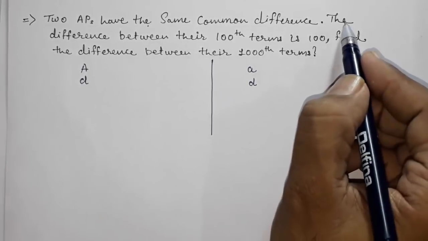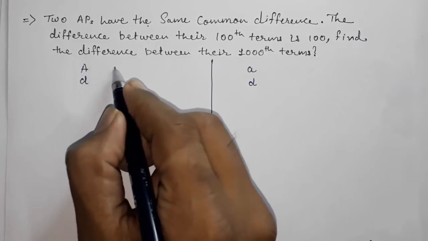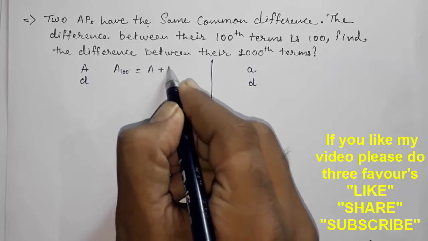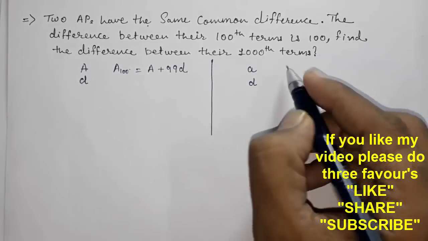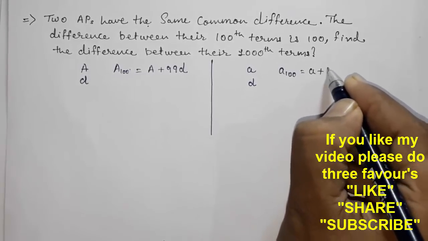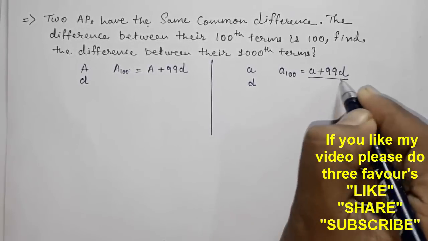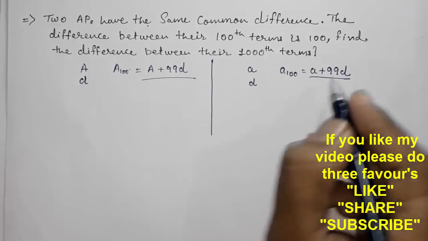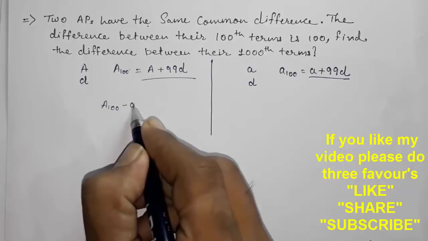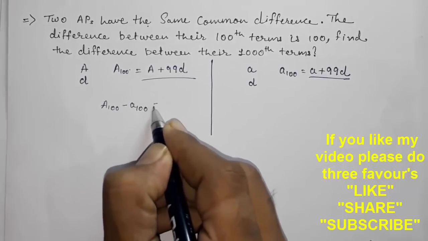Now they say the difference of their 100th term. So what will be the 100th term here? A100 will be capital A plus 99D, and here a100 will be small a plus 99D. Now they said the difference of these two terms is equal to 100.